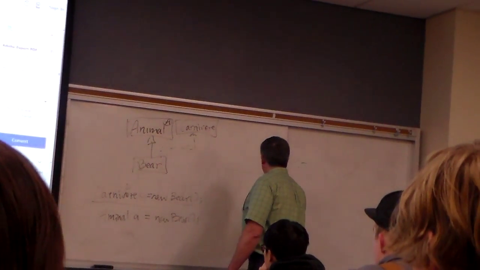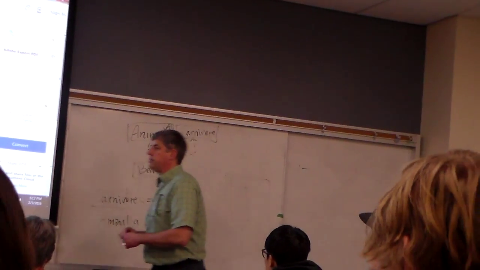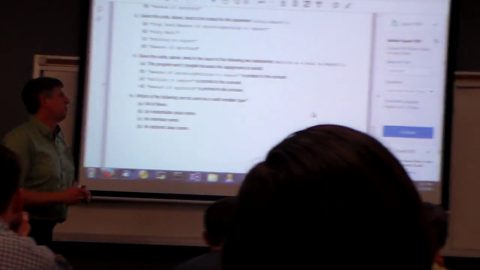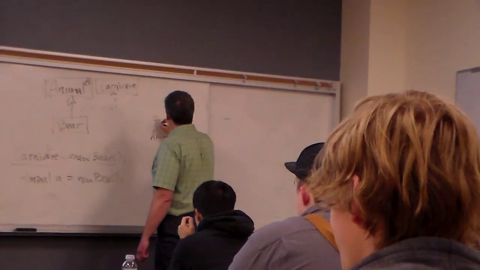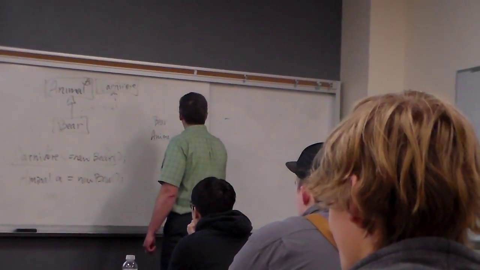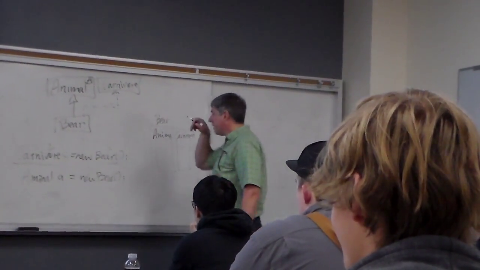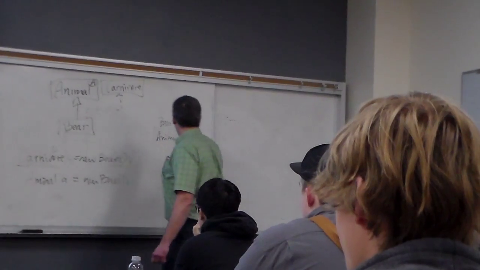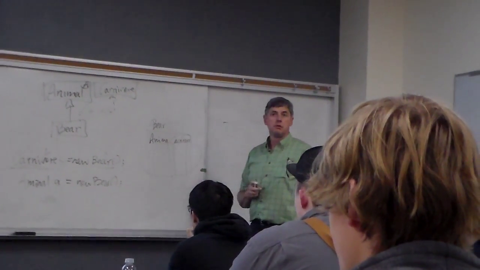Because our picture looks like this. So we have animal. This is our bear, right? And then within this, we have our carnivore. This one, we're going to get a handle onto it from this side. This one, we're going to get a handle onto it from this side.